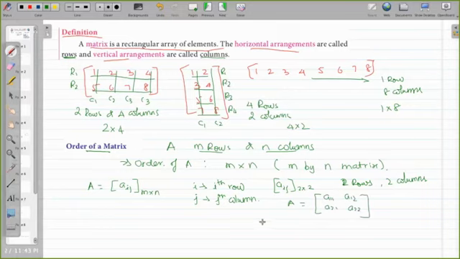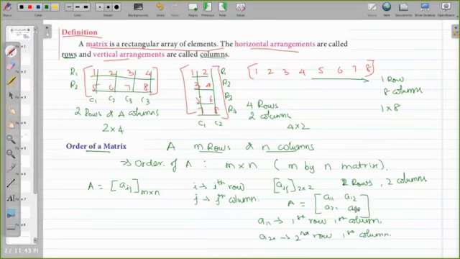What is A11? A11 means first row, first column. A21 means second row, first column. You understand, children?